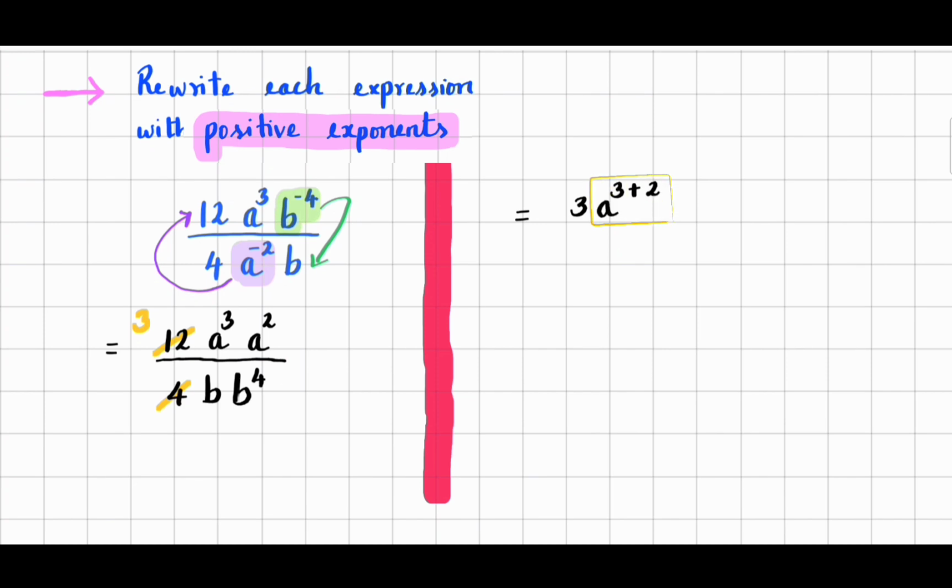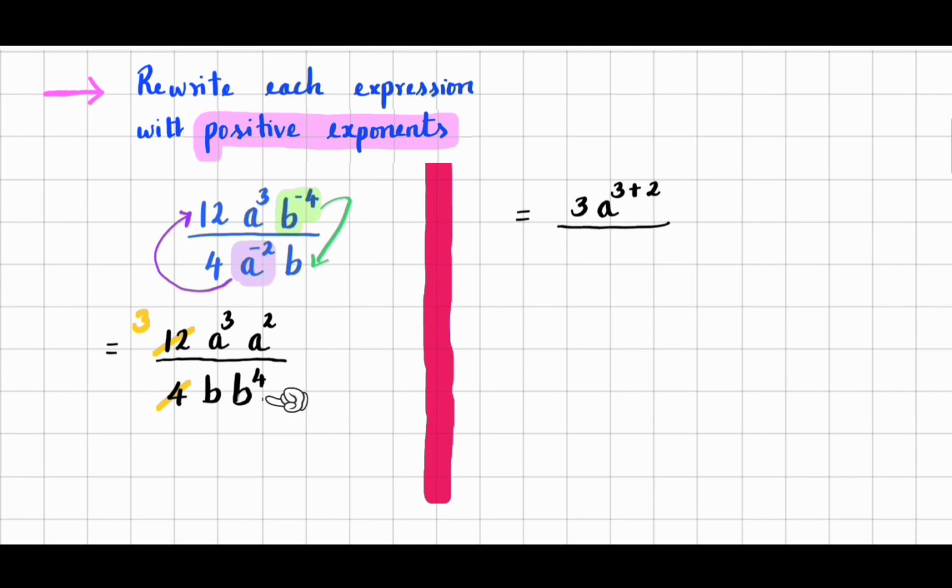We get a power 3 plus 2 divided by, here also we can apply the product rule because bases are the same and there is a multiplication sign between them. So we have b power 1 plus 4 because we know that just b is really b power 1. Hence 3a power 5 divided by b power 5.